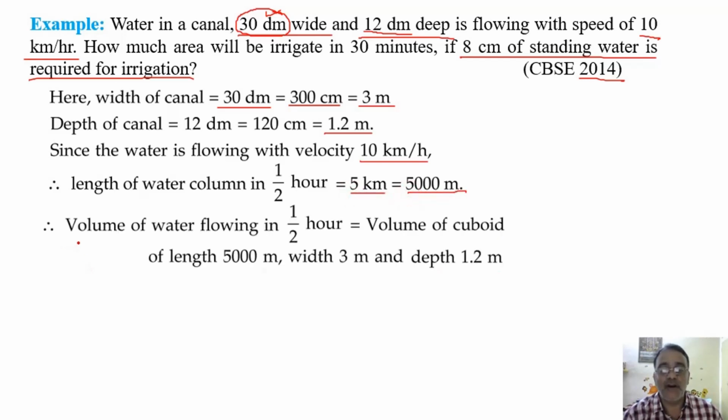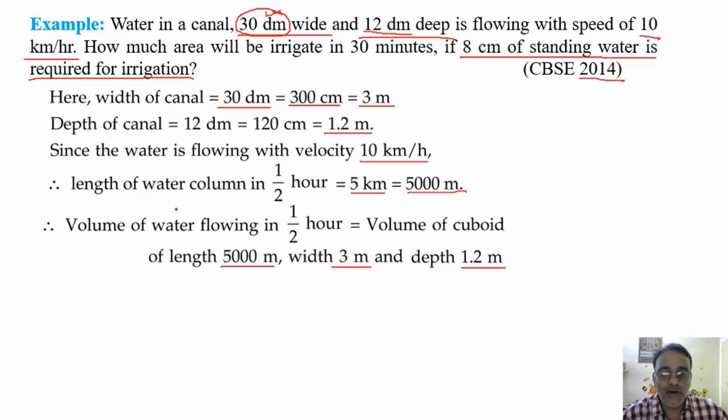And volume of water flowing in half hour is equal to volume of cuboid. Why cuboid? Because the water flowing in a canal will take a shape of cuboid of length 5000 meter, width 3 meter and depth 1.2 meter.